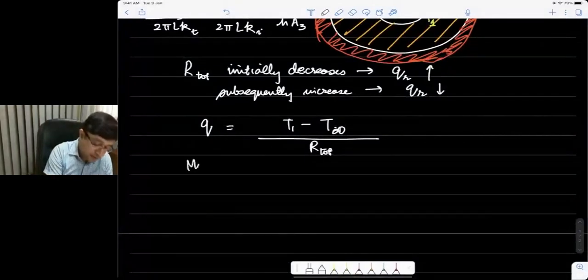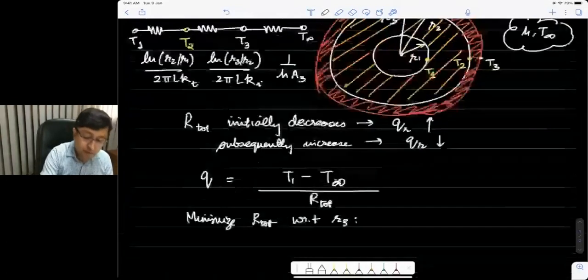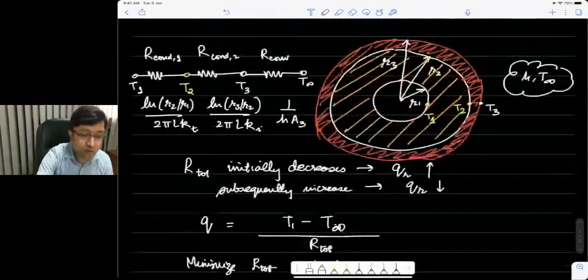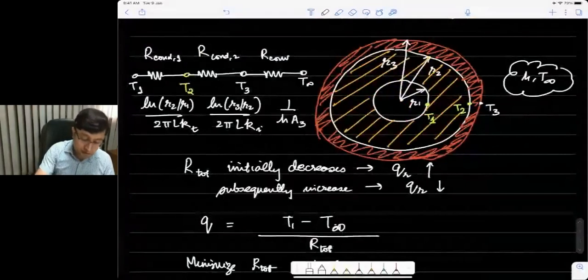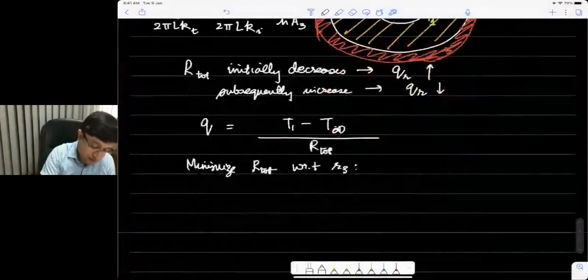So I'm going to minimize R total with respect to R3, because that is something I can control: the amount of insulation I add on a particular tube.